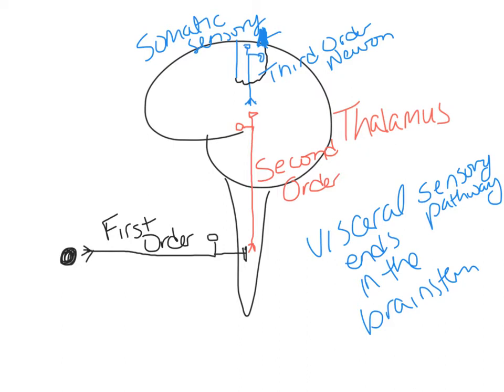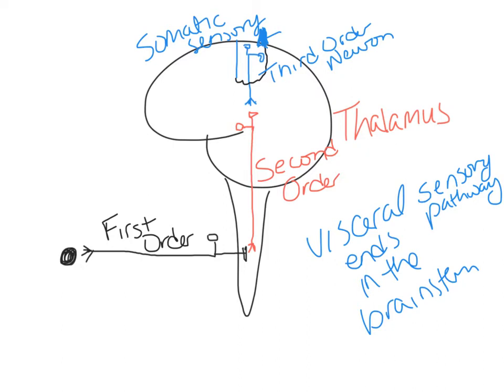And we call that decussation, or we say it decussates. So it crosses over. In other words, the right side of the thalamus is receiving information from whatever's going on in the left side of the body, right? It's going to cross over.